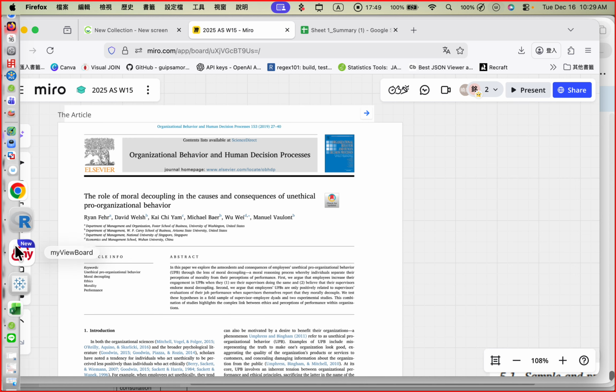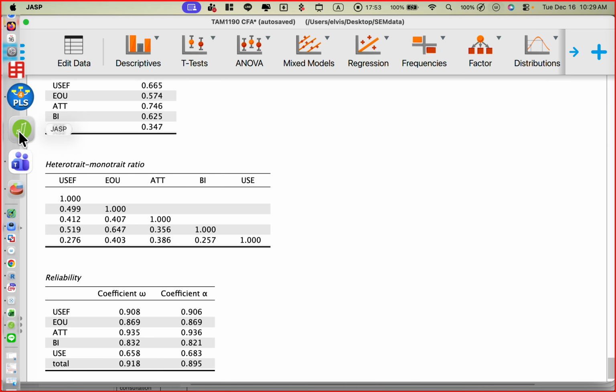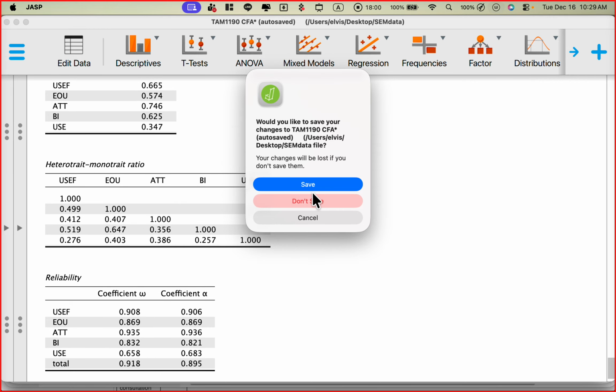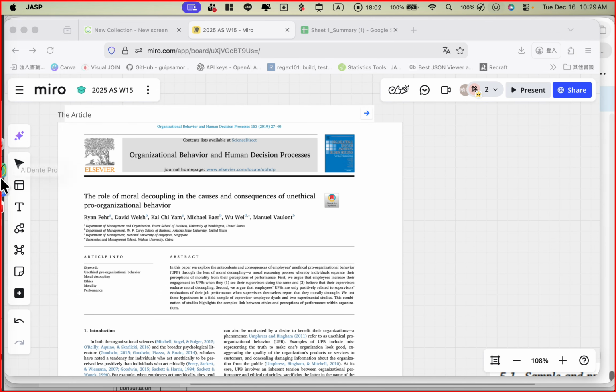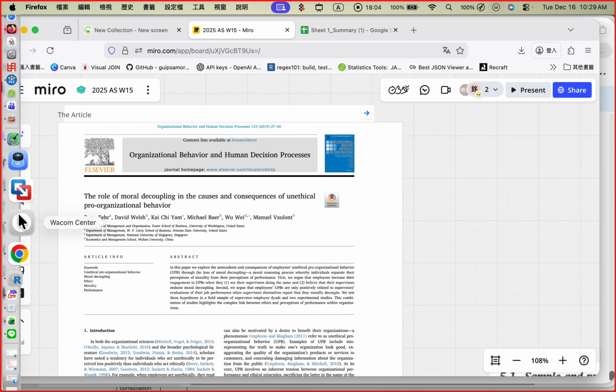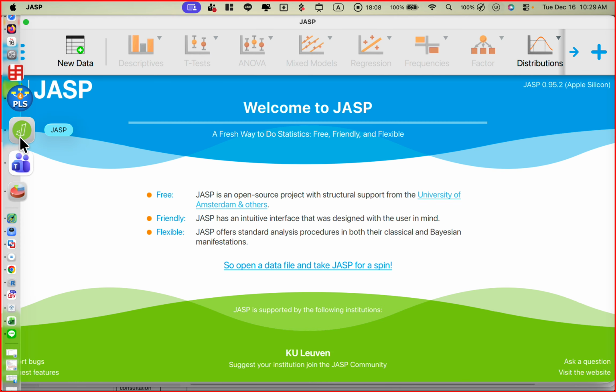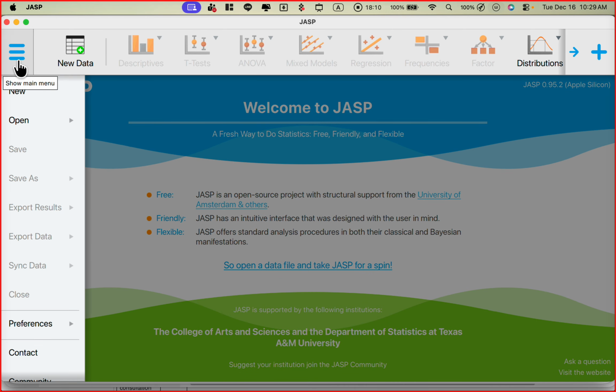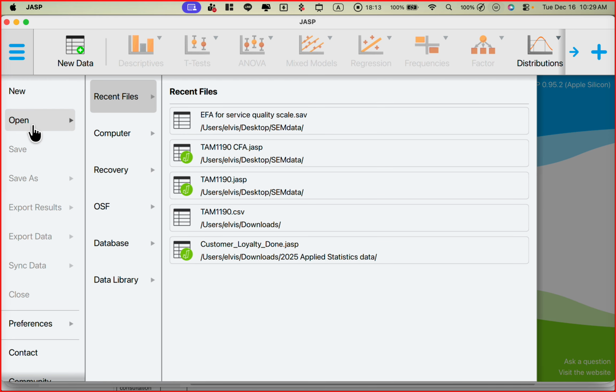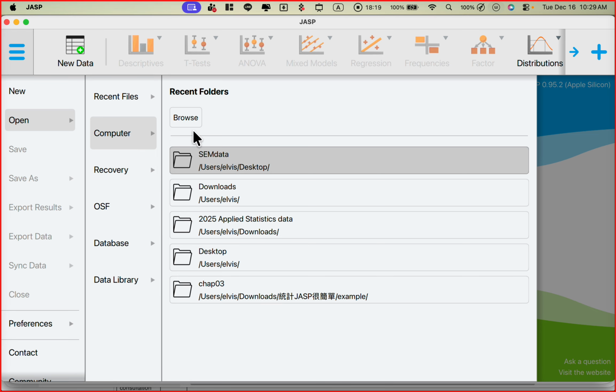Now, you can use this to do it. Let me find the data. Dataset. Open Study 1. Computer.